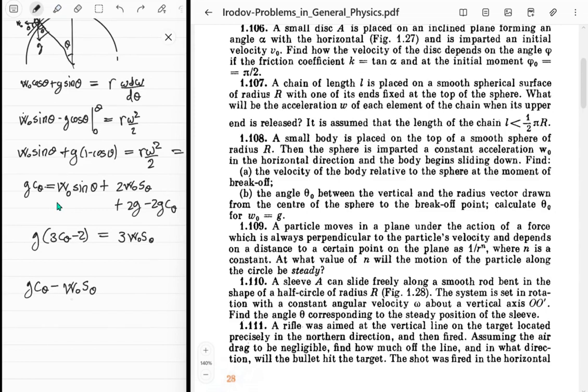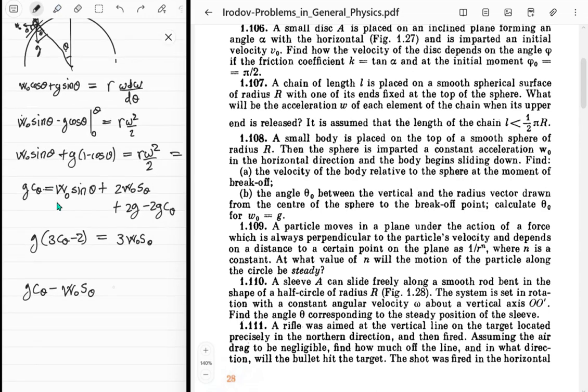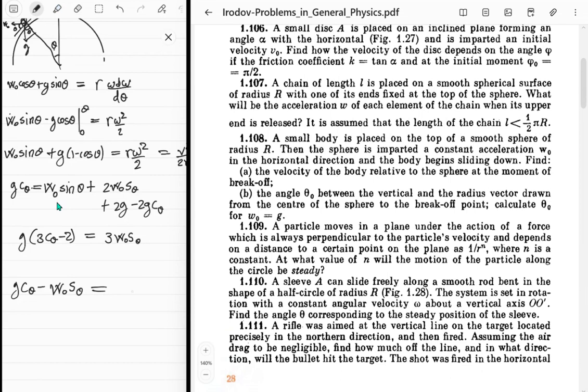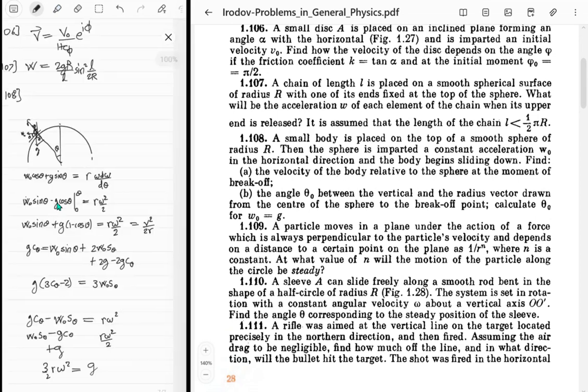So g cosine theta minus omega naught sine theta, at the break-off point, should be equal to r omega squared, right? But you know that r omega squared upon 2 is equal to omega naught sine theta minus g cosine theta plus g. Add these, of course. It's just 3 upon 2 r omega squared, so omega squared is equal to g. Perfect.